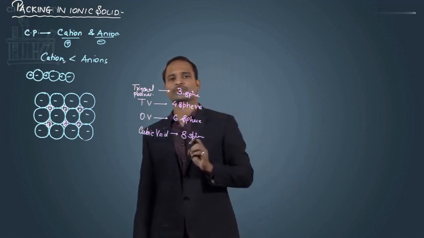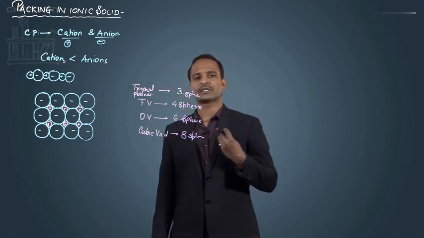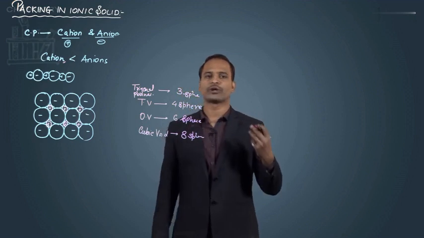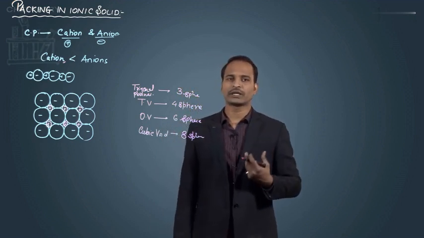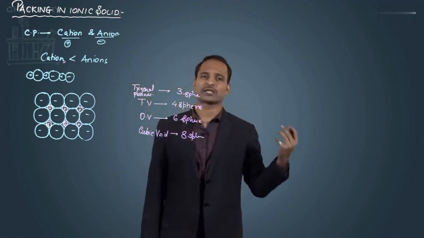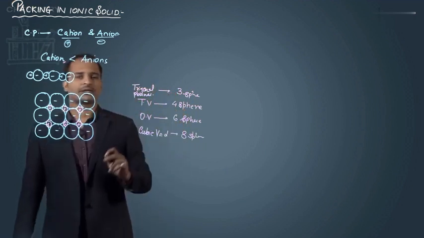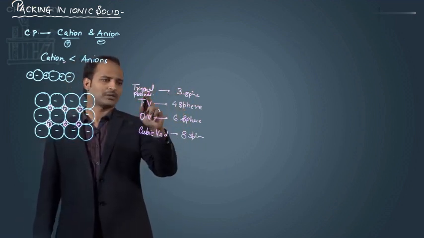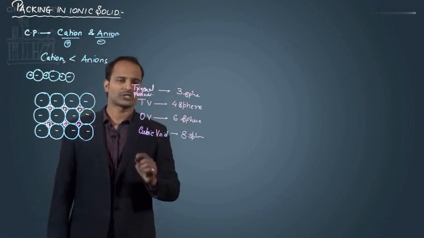Now how to know which void is smaller in size and which is bigger? As the coordination number of the void goes on increasing, the size of the void also increases. That means higher the coordination number of the void, larger will be the size of the void. Trigonal planar has the lowest coordination number, so it is the smallest in size.